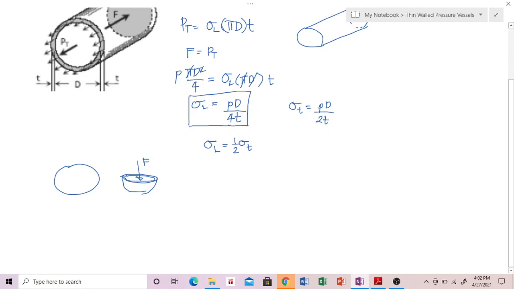Tapos, as a reaction, itong surface ng spherical vessel, nai-stress siya, di ba? Nagkakaroon ng tensile stress.